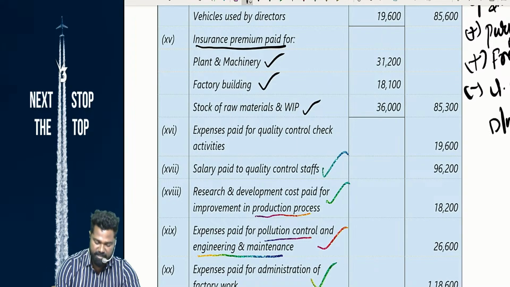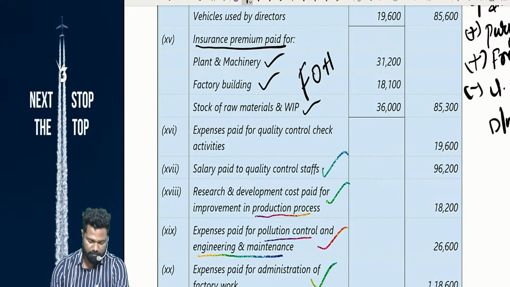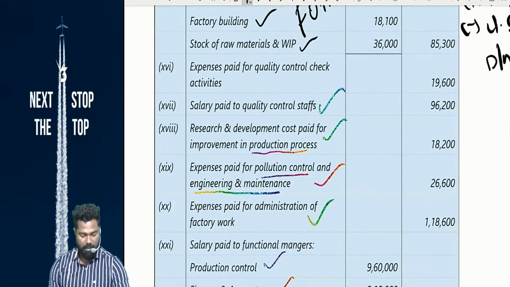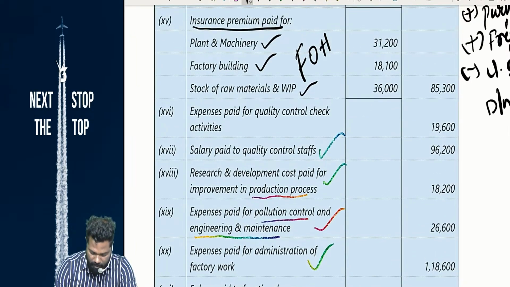All these are what items? Factory overhead items. Next. Okay. So this is okay, salary paid.